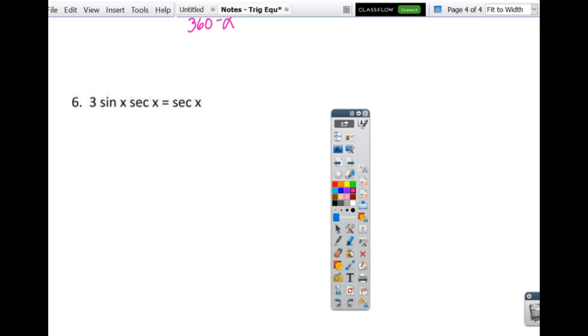Okay. What am I going to do here? Why am I not dividing? That's right. So we're going to subtract the secant. So now what can I do? Take out the secant.